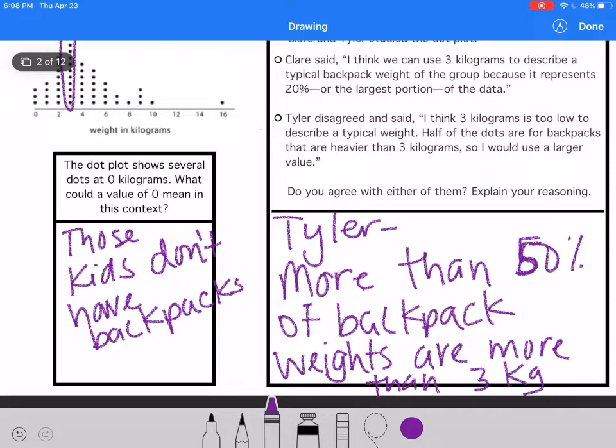And kg is just the abbreviation for kilograms. So I would agree with Tyler.